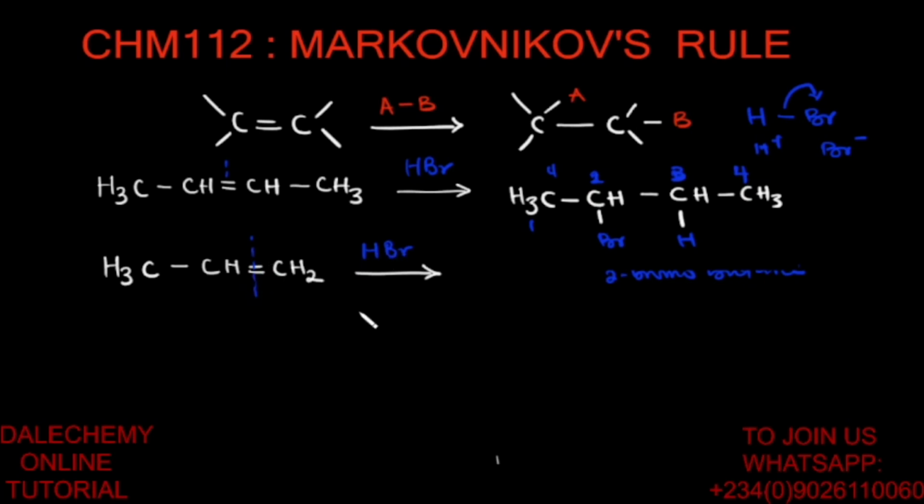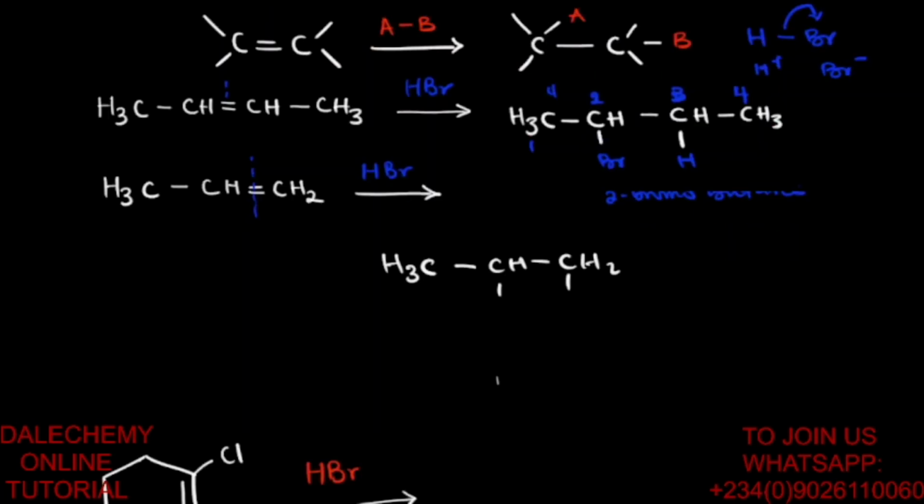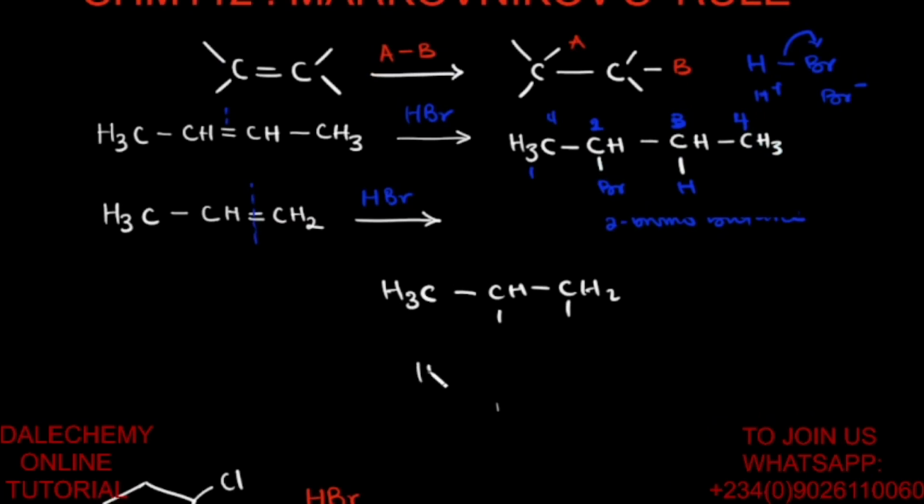Let's try that. For this, we're going to have H3C, CH, CH2, and also we're going to have H3C, CH, CH2. Now, when the bromine goes to the second carbon, we have this and we have hydrogen here. Now, when it goes to the first carbon, we have this and we have hydrogen here.